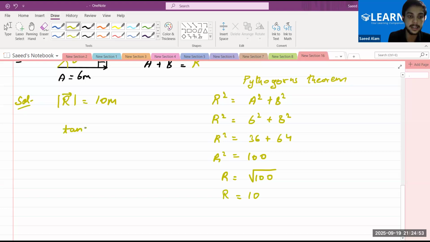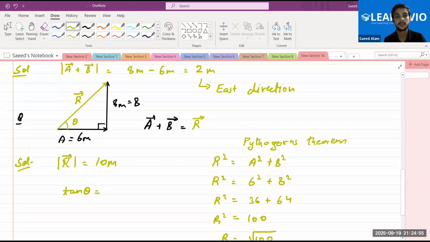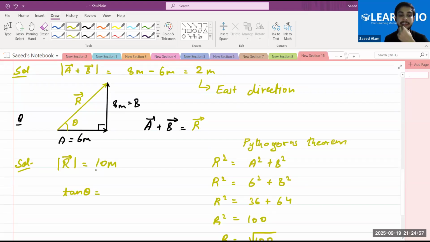So what will tan theta be equal to here? Tan theta is 6 by 8. Is it perpendicular by base or base by perpendicular? Perpendicular by base. So what is the perpendicular here? 8.